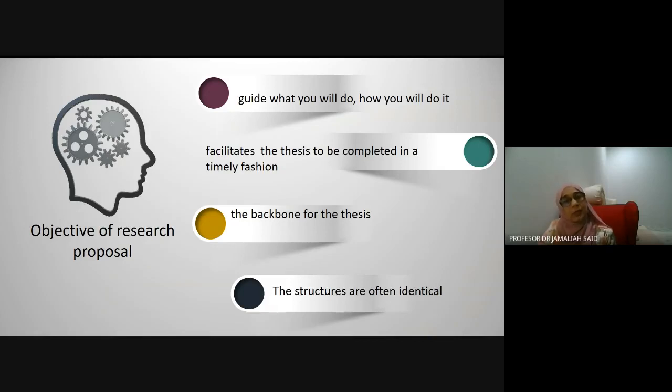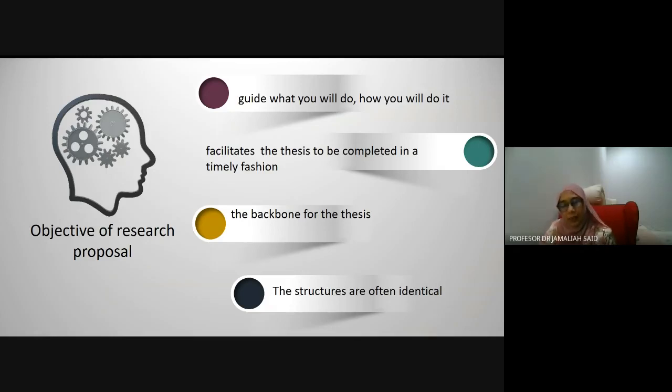In the third semester, I'm going to finish, for example, the research design or the instrument design. Semester 4 is the data collection. Semester 5, data analysis. And in semester 6, you are going to finish up the last chapter, the conclusion. So the research proposal will guide you into that.